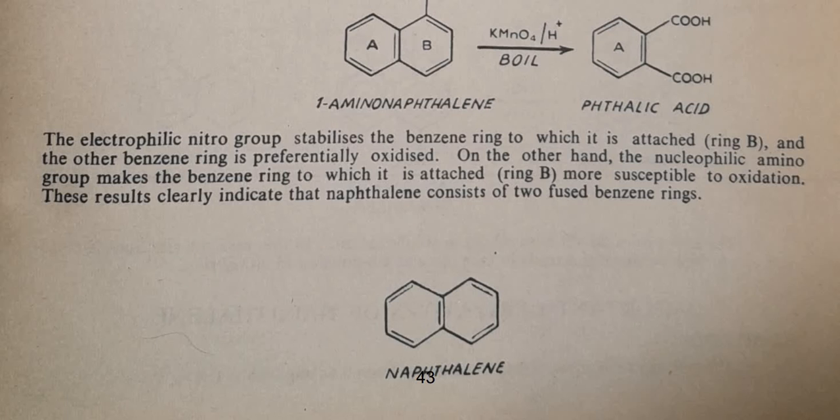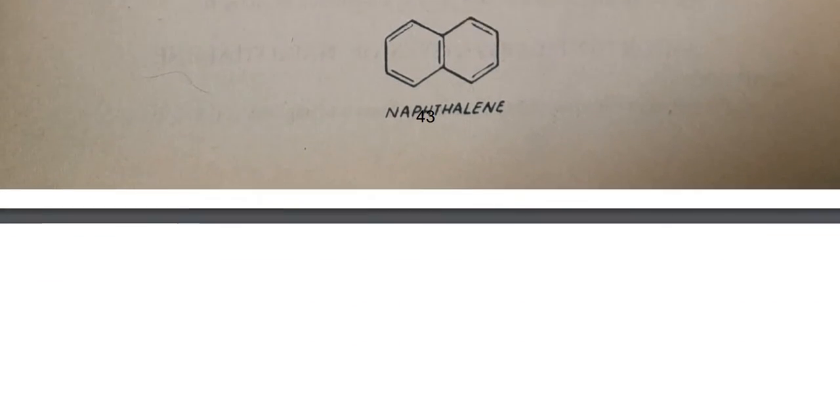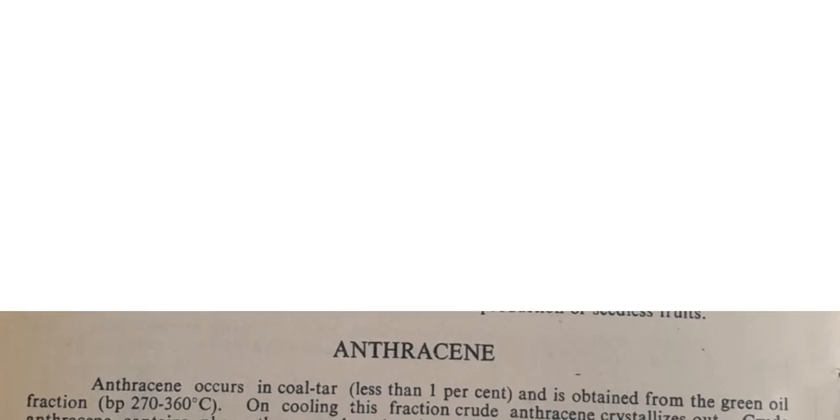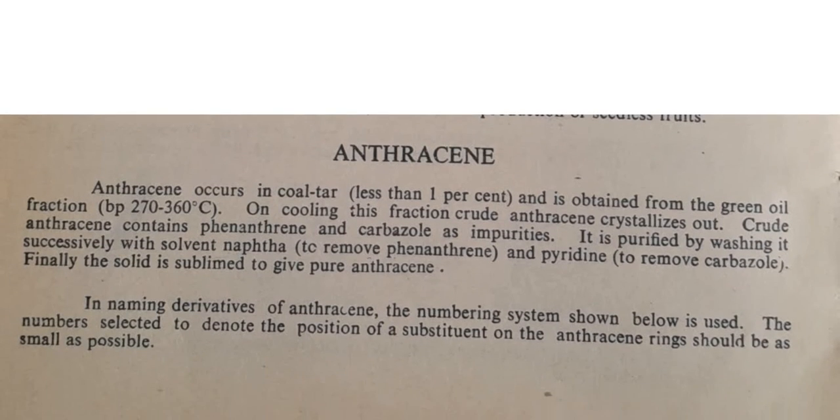On the other hand, the nucleophilic amino group makes the benzene ring to which it is attached more susceptible to oxidation. These results clearly indicate that naphthalene consists of 2 fused benzene rings, and they confirm that naphthalene contains 2 benzene rings.